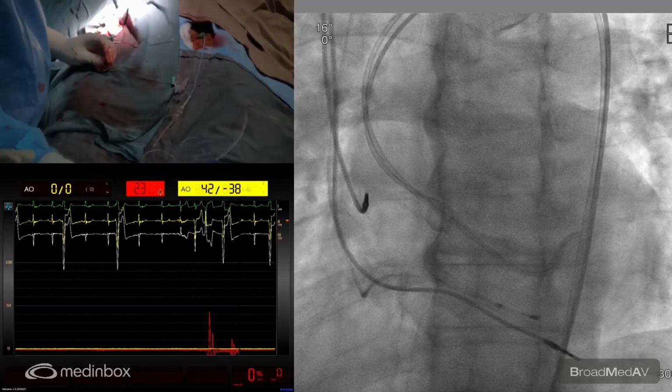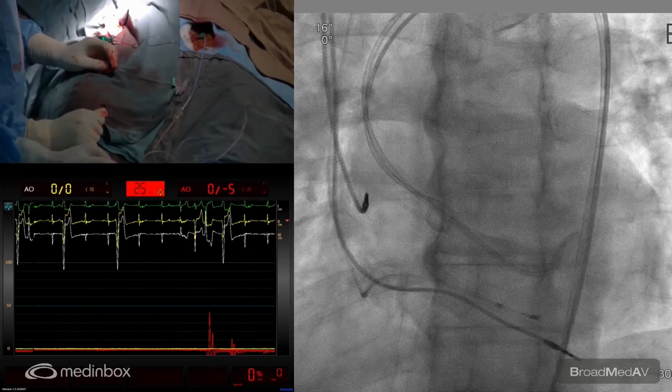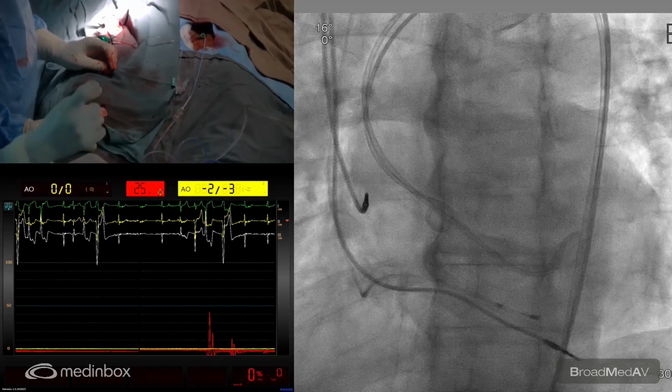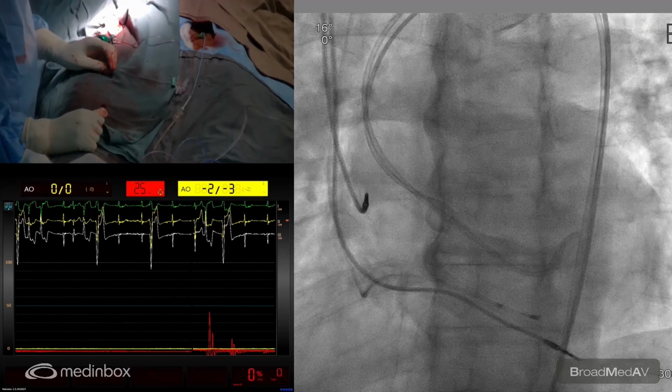Okay, so double length pigtail, please. We'll put an exchange length Teflon, sir. Then exchange length J Teflon, exchange length.